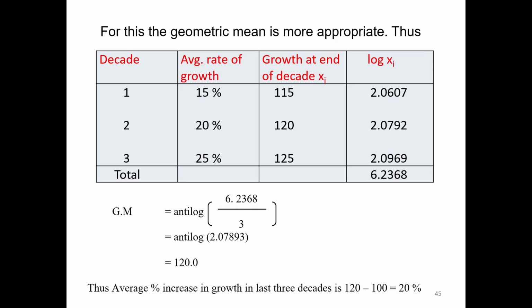So geometric mean is equal to antilog of 6.2368 divided by 3, that is equal to 120. So we can say very safely the average percentage increase in growth in the last 3 decades is 20%. At the rate of 20% growth is coming up. So that's how mathematically we can go on calculating the values.